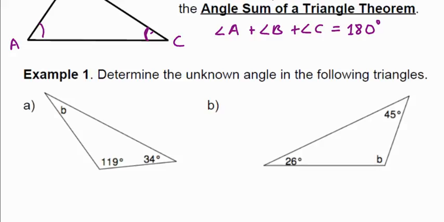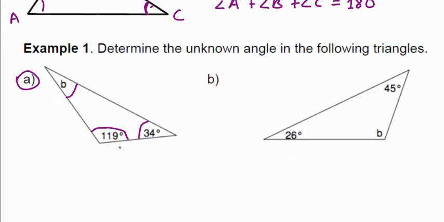If we look at example A, we have 3 angles: 1, 2, and 3. If we add them up, they should add up to 180.